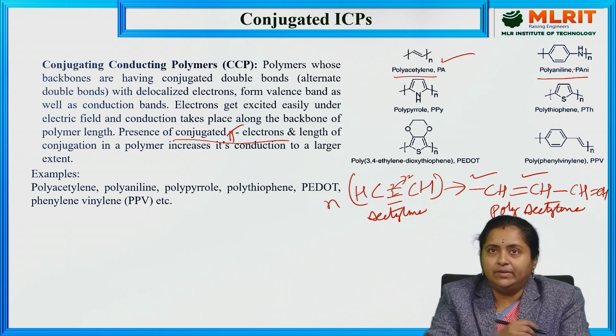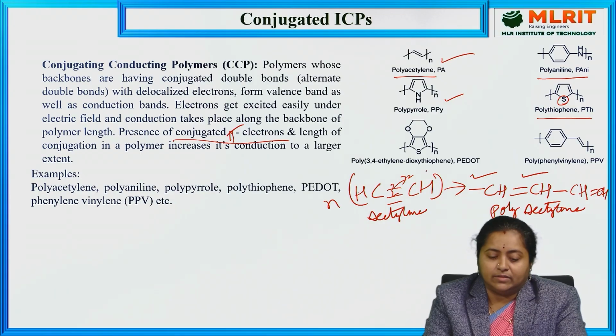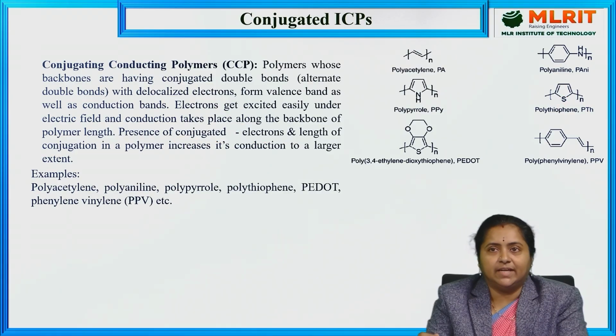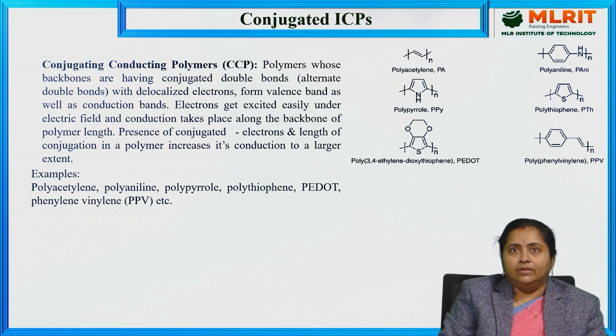Then polypyrrole, and polythiophene, where sulfur is present, so we call it thio. Then poly 3,4 ethylenedioxythiophene, that is PEDOT, and PPV, polyphenylene vinylene. These are a few examples of ICPs, or intrinsically conducting polymers, which have the conjugated backbone in the long chain of the compound.